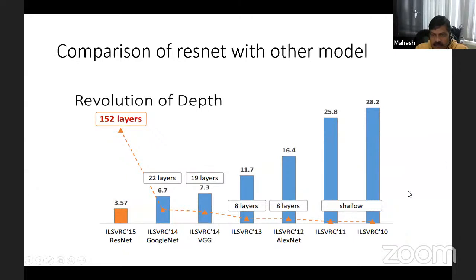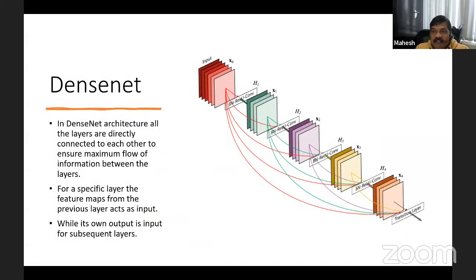And then DenseNet. DenseNet has blocks X0, X1, etc., and they keep on giving the input. For block X1 we have input from the X0 block, but for block X2 there is input from X1 as well as X0.